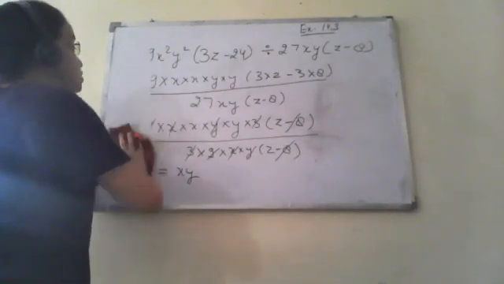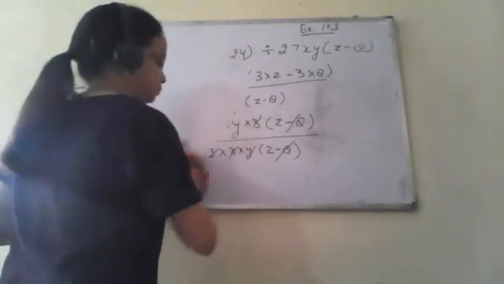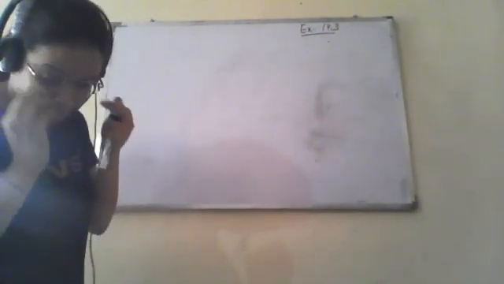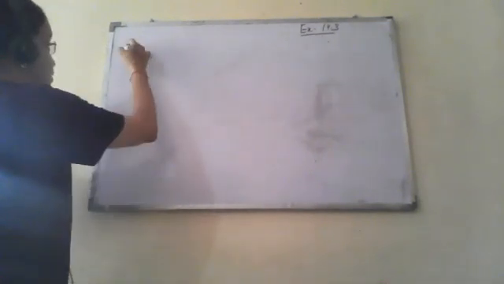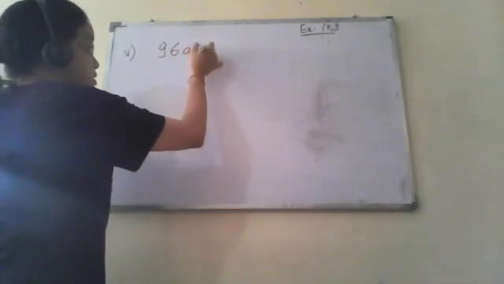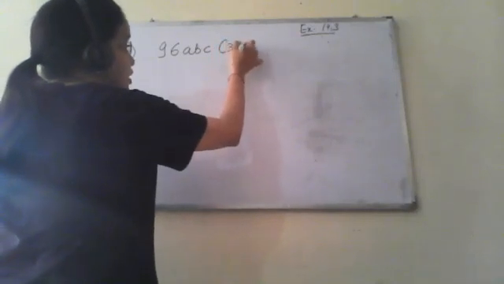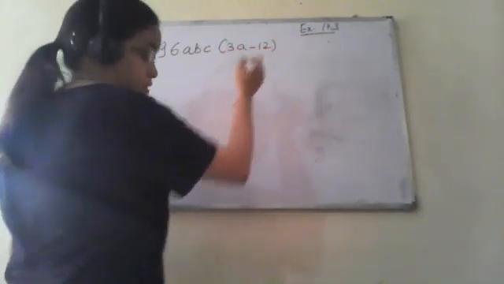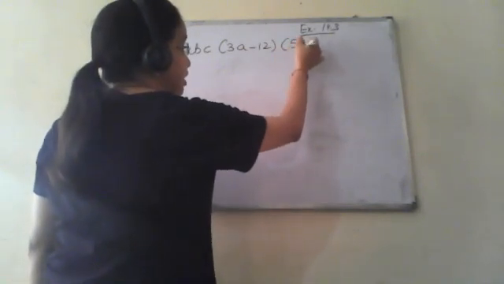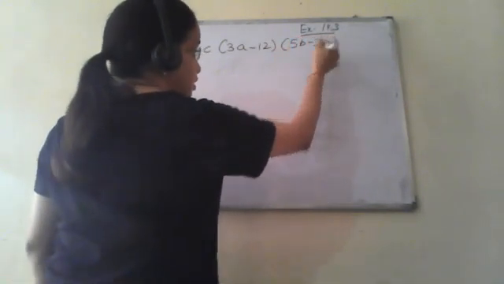Now the fifth part of this question. This is 96 abc into 3a minus 12 into 5b minus 30.